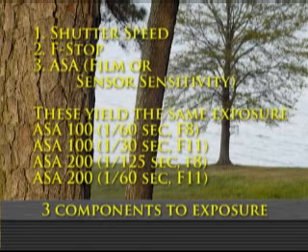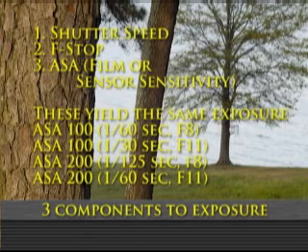So ASA 100 at 1/60th of a second and f8 aperture gives you a good exposure. Well, so does ASA 200 at 1/125th of a second at f8. You notice the ASA doubled. Well, so did the shutter speed, actually halved.